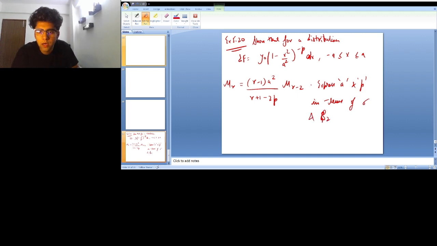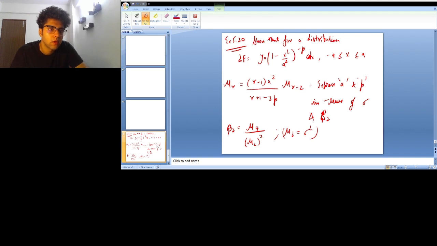And we know that the formula for beta 2 is the fourth moment with respect to the mean divided by the square of the second moment with respect to the mean, and mu 2 is also known as the variance, right?